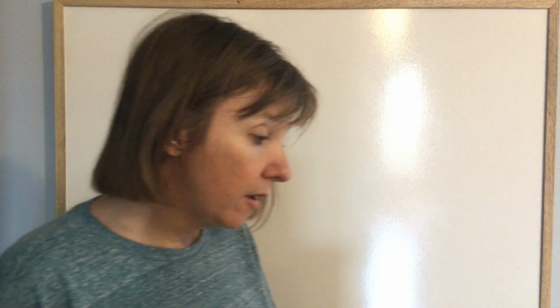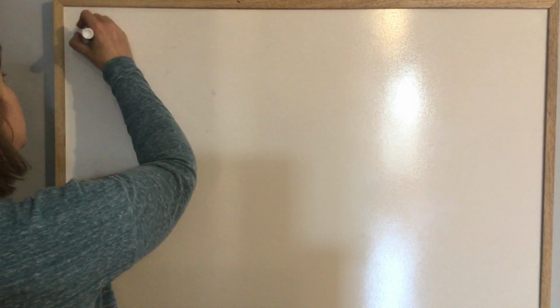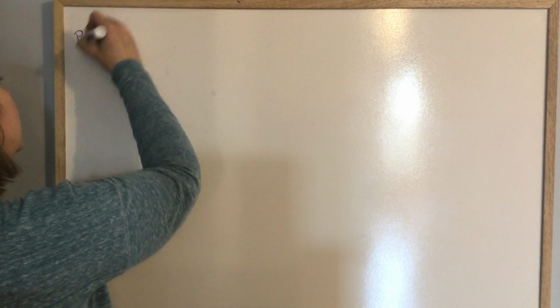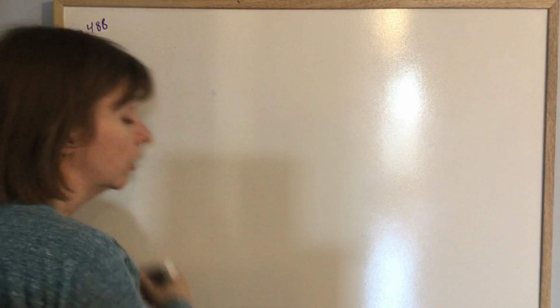But I did have a couple of questions for those who've handed things in. There were some questions from page 488, which is the length of a tangent. So page 488, I'm going to go over number 62 and 64.